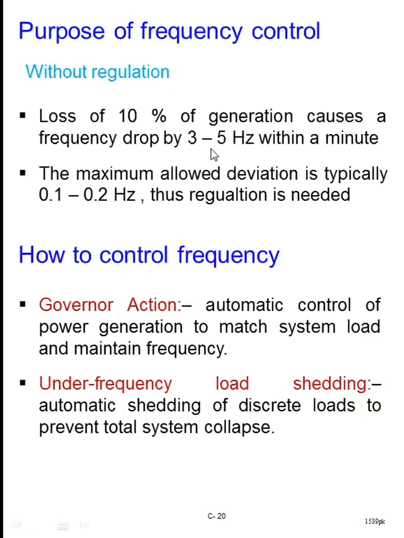However, typically, the maximum allowed frequency deviation is in this range, 0.1 hertz to 0.2 hertz. And thus, if you want to maintain the frequency deviation in this range around the nominal value, then we need the regulation in the system, frequency regulation in the system.